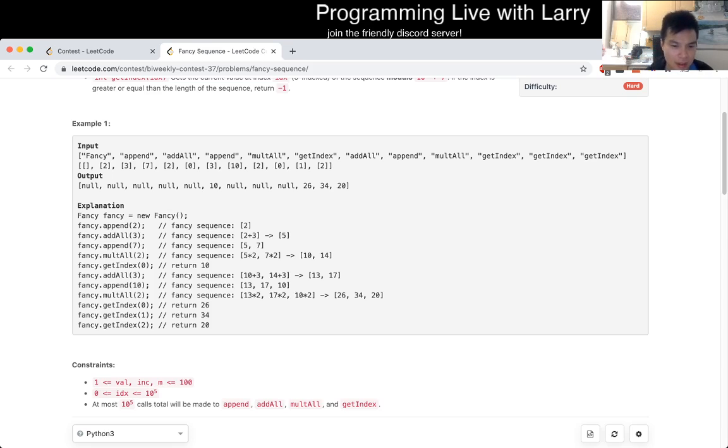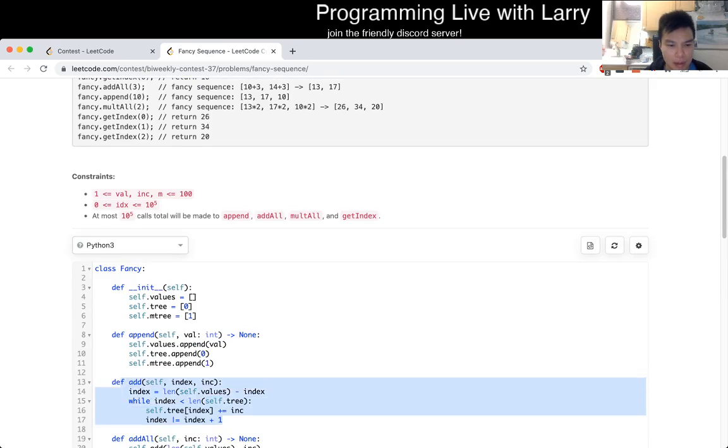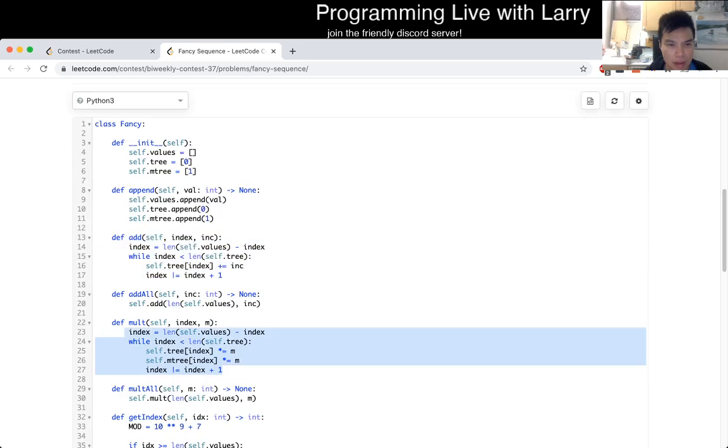Pop it off everybody? That doesn't make sense. The prefix thing didn't make sense because I'm summing it instead of storing the value. Well, the add made sense, but I think multiplying doesn't make sense as much.